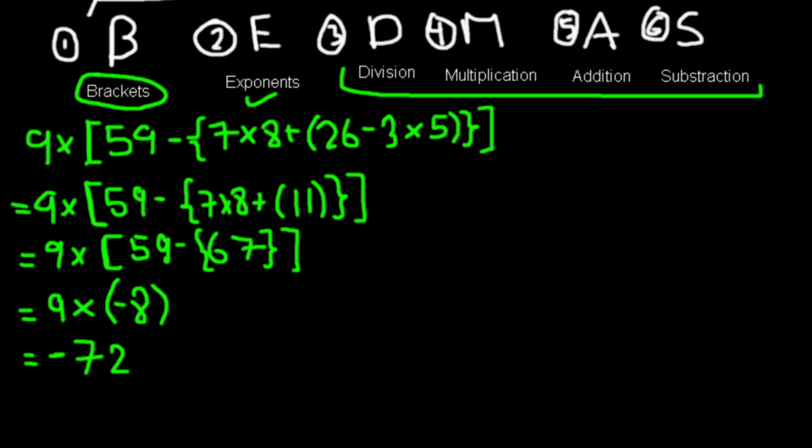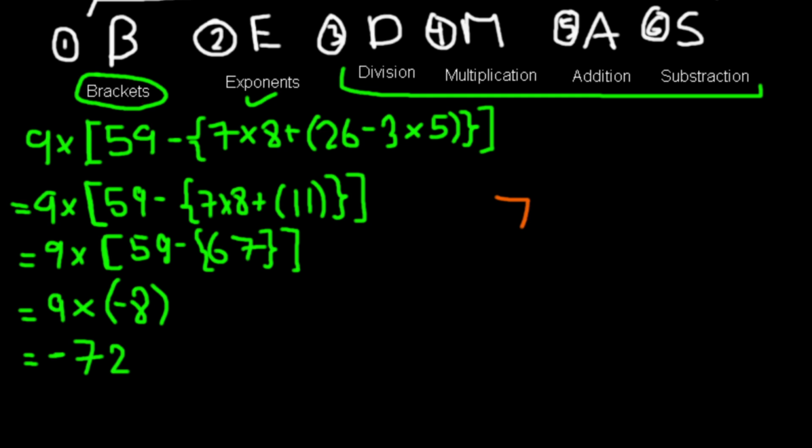When doing BEDMAS questions, you can definitely use integers with negatives and positives. Something you should know is that anytime you see a question, I'll give you an example, I'll use a different color.